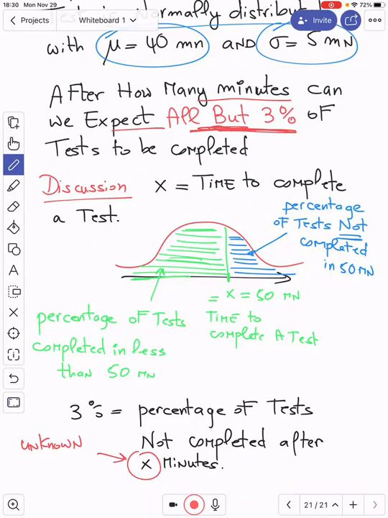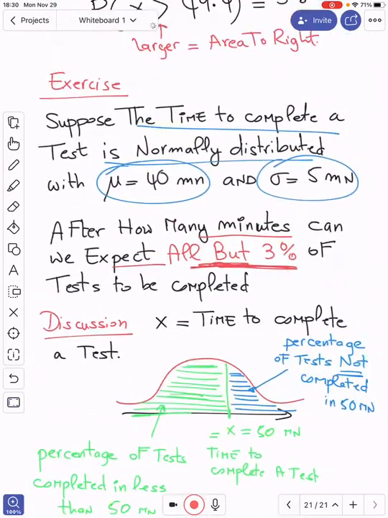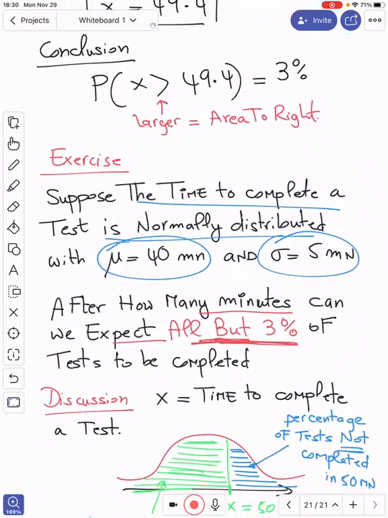Does this make sense to you guys? Again, you need to understand the problem here. Before, the kind of problems we had were like, what's the percentage or probability that you finish your test before 40 minutes, or between 30 and 50 minutes.